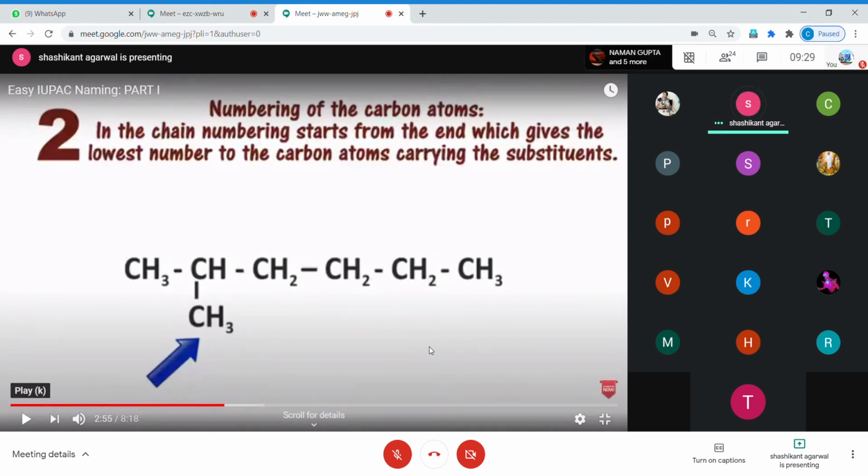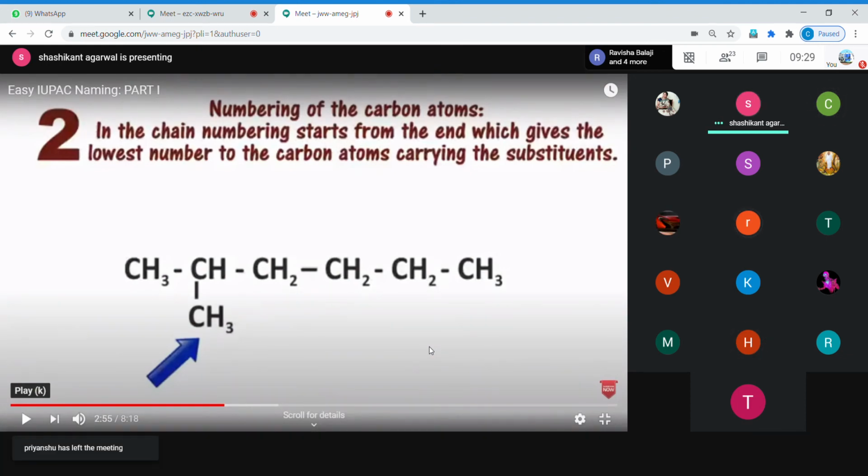Which is this substituent? Can anybody from the audience tell me which is this substituent? Methyl. Yes, exactly. This is a methyl group, and this is present on which position? Shall I start from the left hand side or from the right hand side?